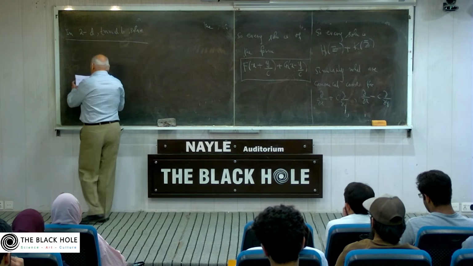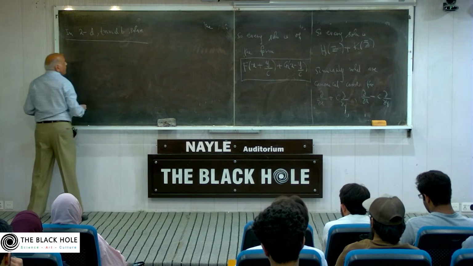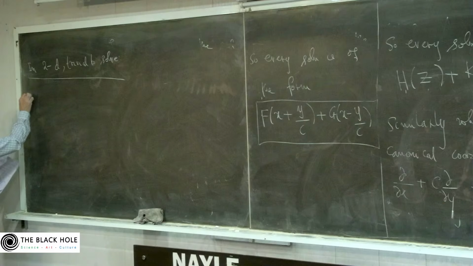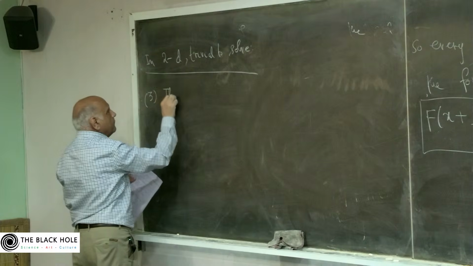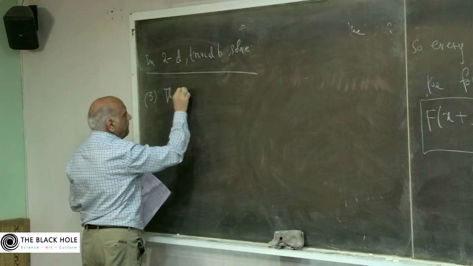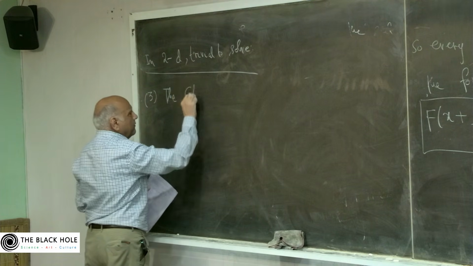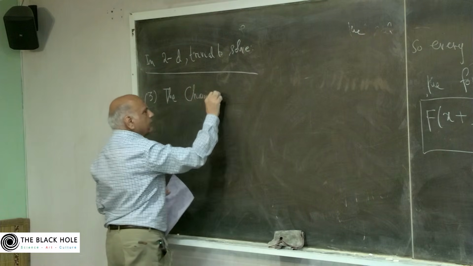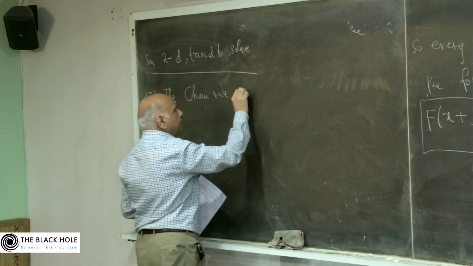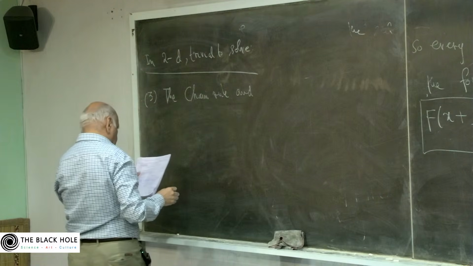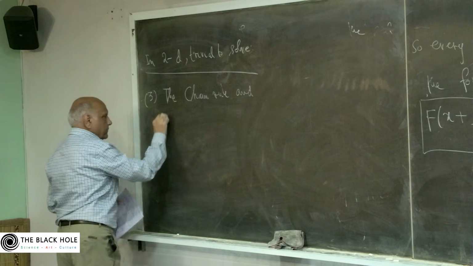So this is the Jacobian and the chain rule, the chain rule and differential of a function.